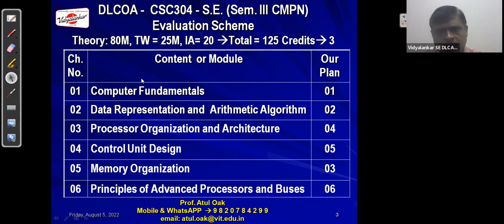And what you see are the 6 modules in this subject, and what you see on the other side is our plan. So we will start with chapter 1, chapter 2, then chapter 5, if you see, then chapter 3, chapter 4, and chapter 6.